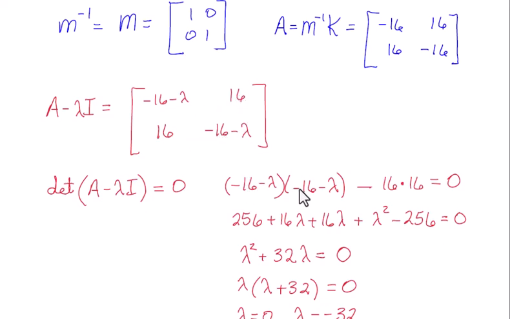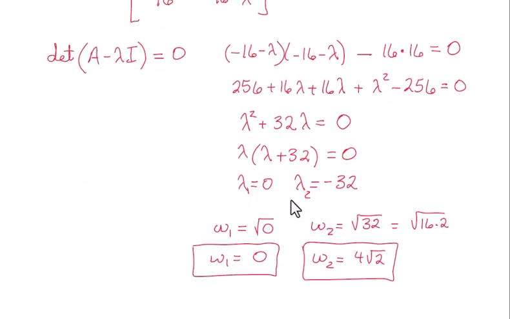All right, so we grind through that. So what happens is this 256 is canceled by this negative 256. And so I get a simple quadratic equation to solve. And so I set each piece equal to 0. And so I get my eigenvalues of 0 and minus 32.